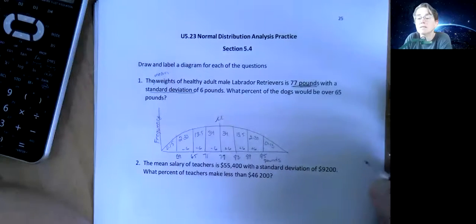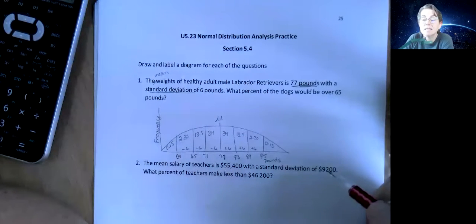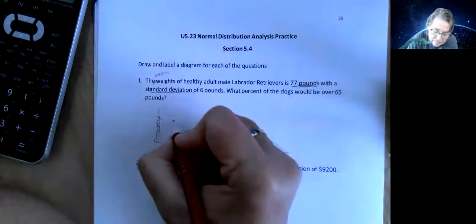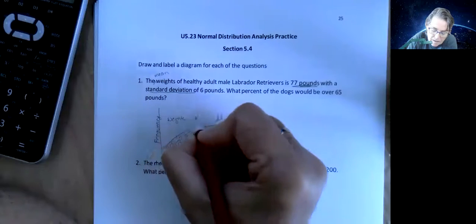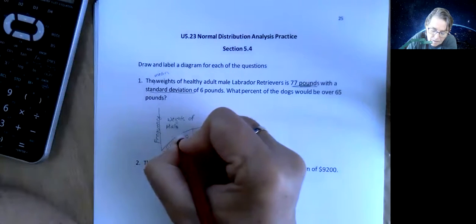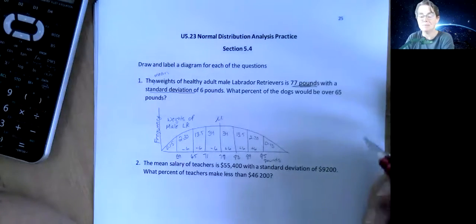Tell you what, let's just all agree that we don't have to write a percent sign after every single one of those, because it makes it look messy. And this is the weight of male Labrador retrievers. I picked that because that's what my jelly bean is.